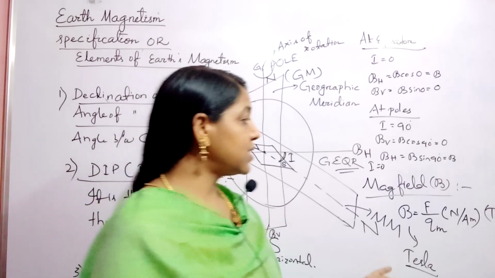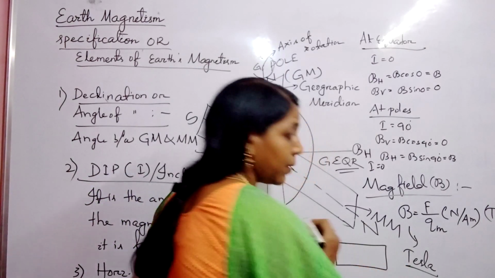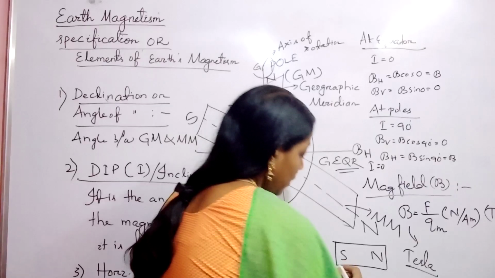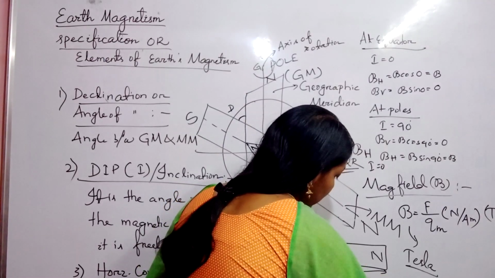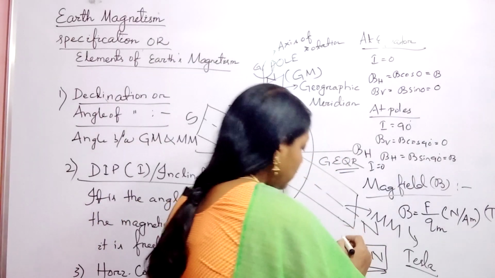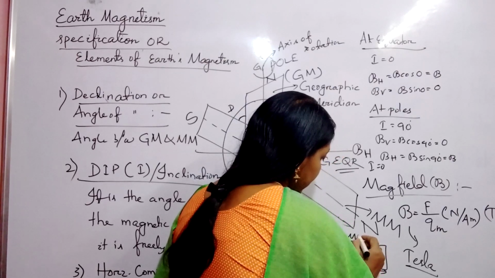Clear? Another, third important thing: you are taking a bar magnet. Suppose this is your south pole, this is your north pole. Now this total length is called the geometric length. The distance between the south pole and the north pole is called the magnetic length.